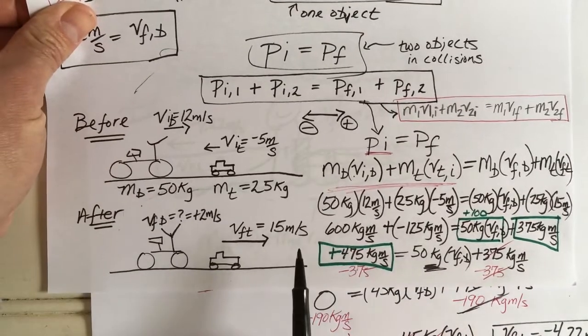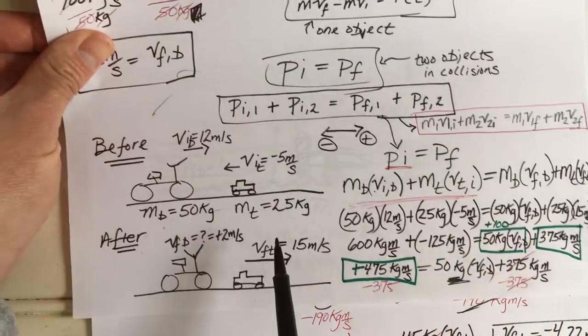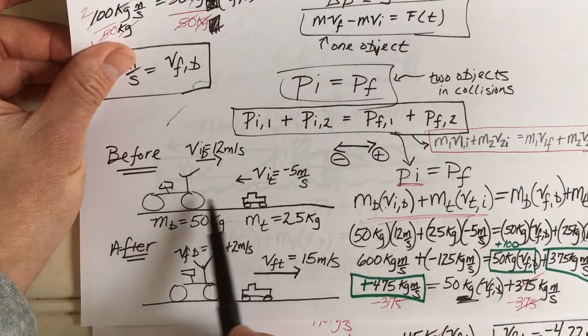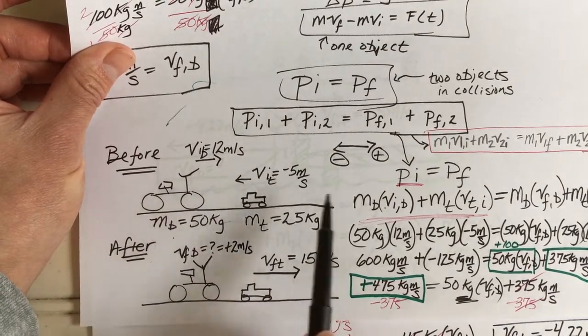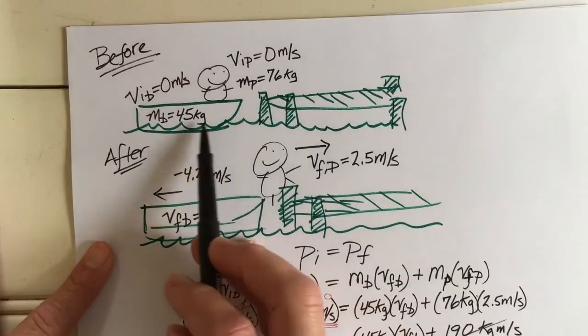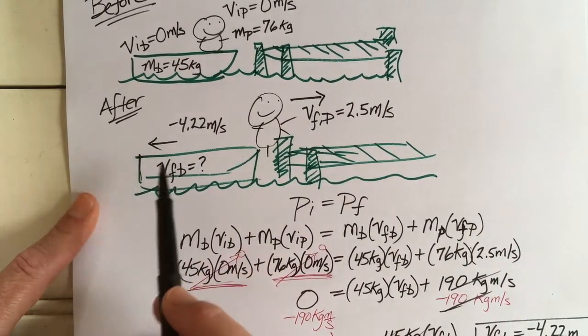So it's not that they have to cancel each other out per se, right? It's more that whatever the initial was, the final has to be. Because in this case, the momentum was largely to the right initially and largely to the right finally. So momentum is conserved. In this case, the momentum is 0 initially and finally has to still be 0.